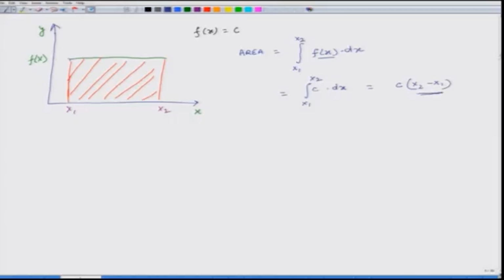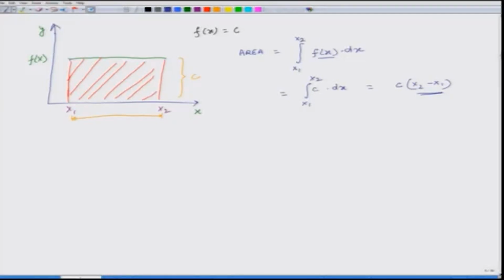So, this x2 minus x1 is the width of this rectangle and c is the height of this rectangle, and this is a very trivial example, but this is how I wanted to begin. So, what I have explained is that if you have a simple function, you can integrate it in a closed form way and you can calculate this area. Okay. And your calculation will be accurate and the error will be 0. So, this is an exact solution when we are trying to calculate the area.